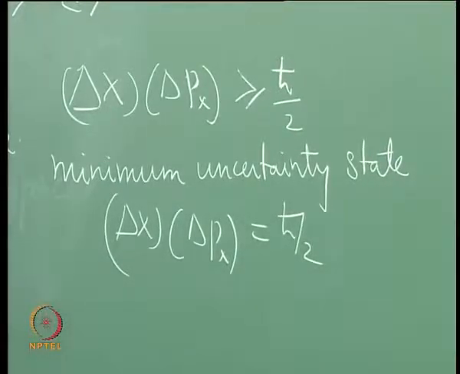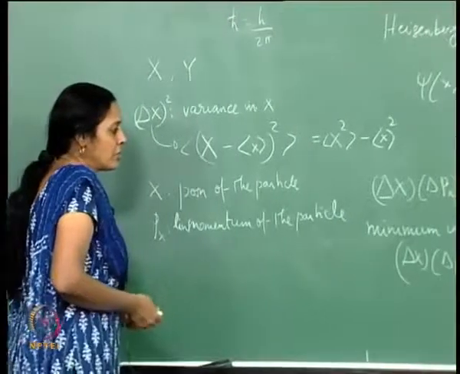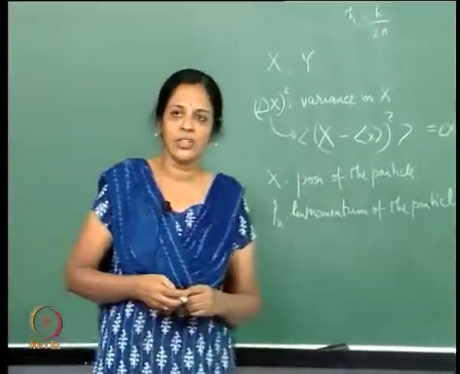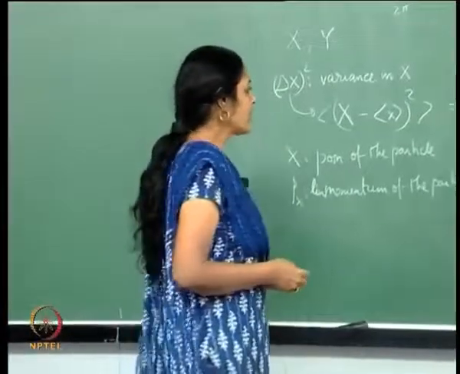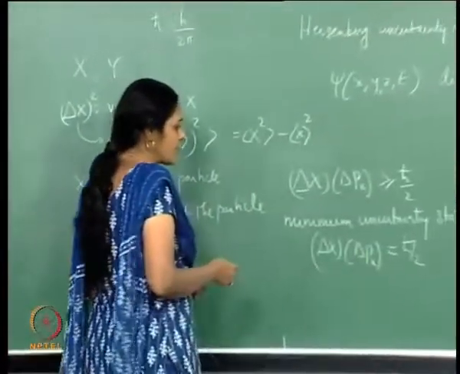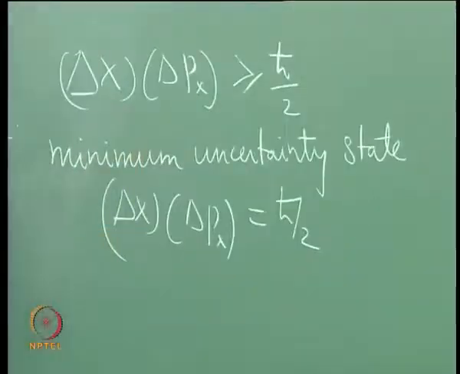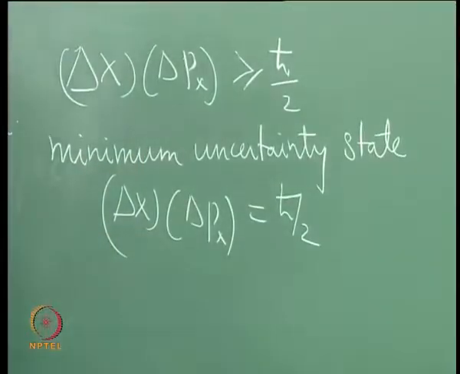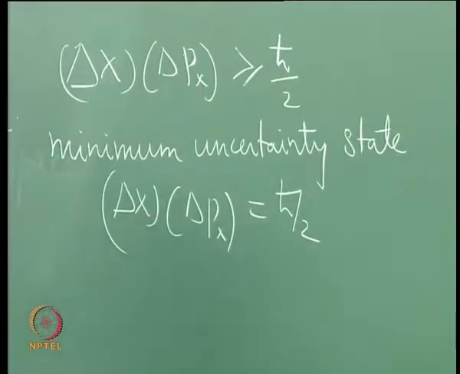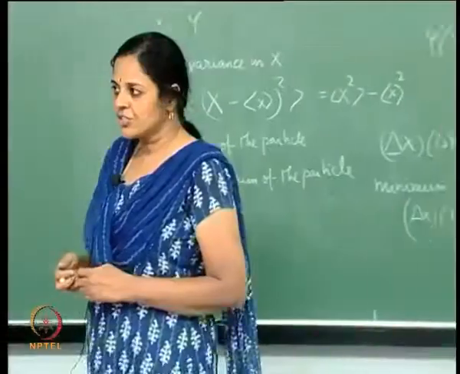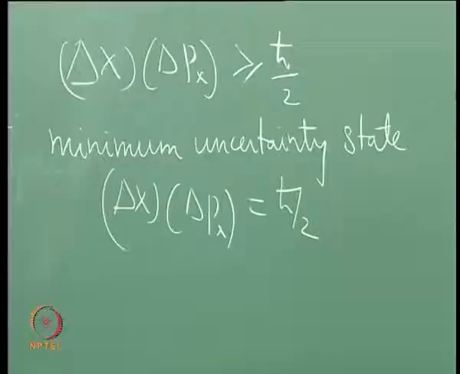If you look, for instance, at the ground state of a quantized linear harmonic oscillator, that turns out to be a minimum uncertainty state in the position and momentum variables. There are very interesting states in optics, states of light which obey the minimum uncertainty relation.